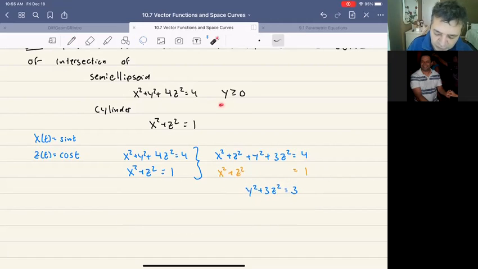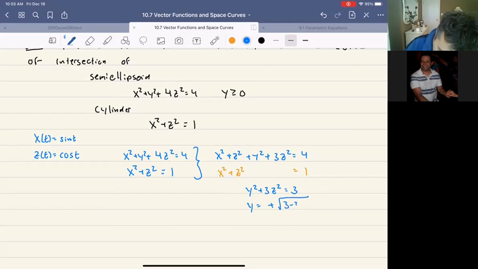This is where y being greater than or equal to 0 helps me out. I'm going to solve for y. y equals the positive square root of 3 minus 3z squared.